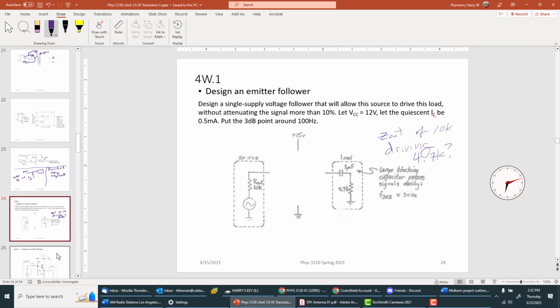By the way, this quiescent current is a limitation on computer CPUs. What happens in the computer CPU is the quiescent current comes about because of quantum tunneling.